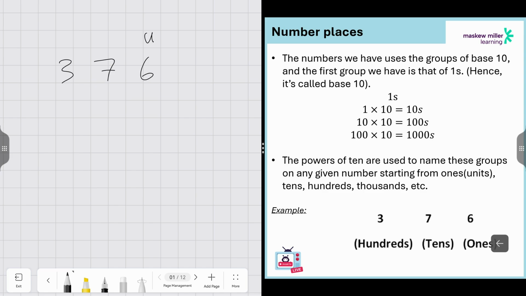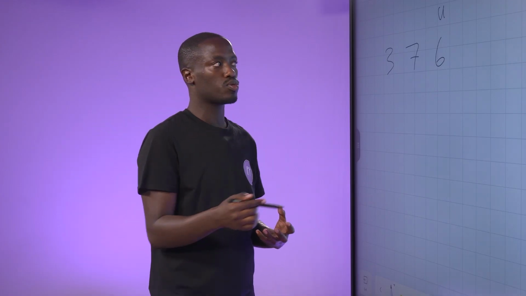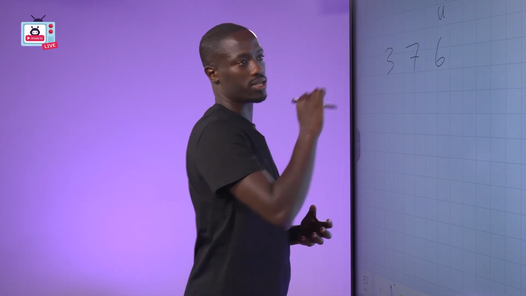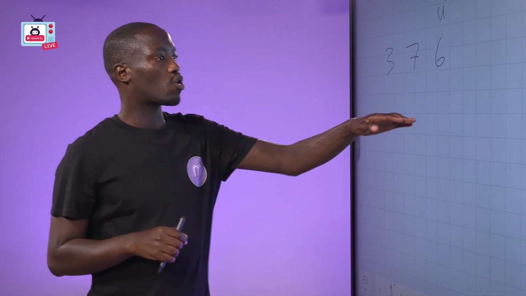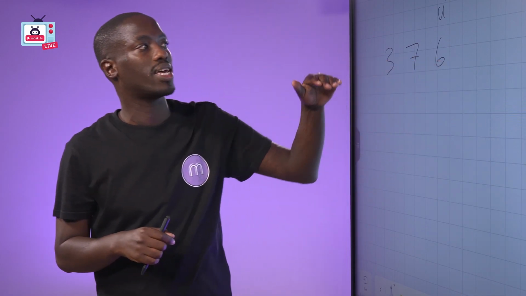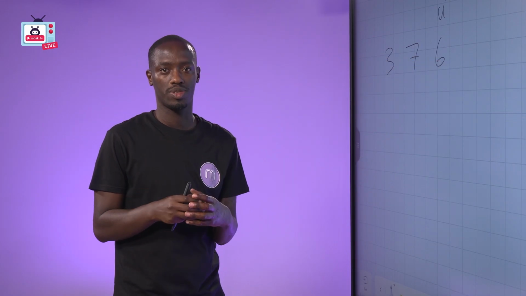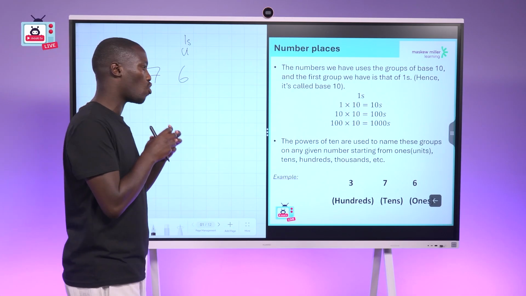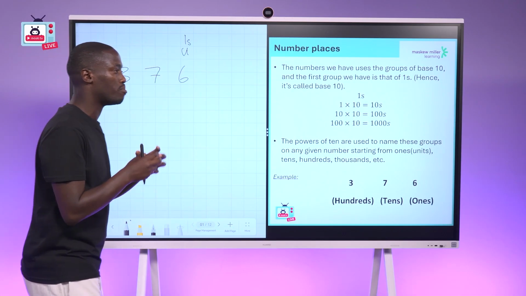We used to call it the units, and in other textbooks, they call it the ones place. What does that mean? We call it the ones place because the numbers we have used in whole numbers, we call those numbers a base of 10.